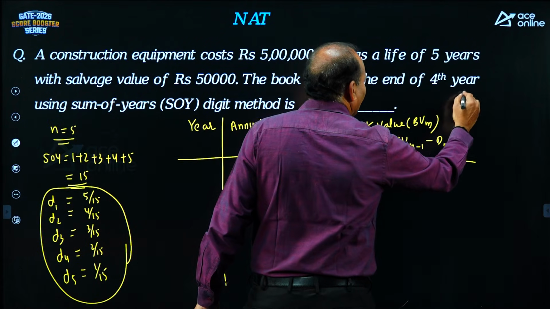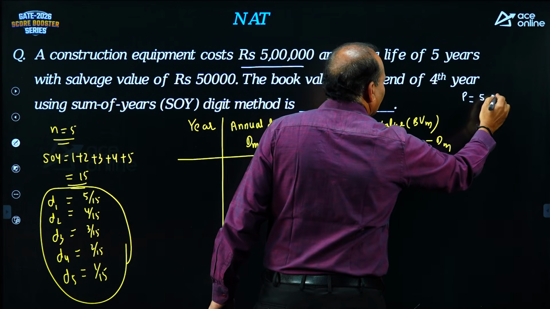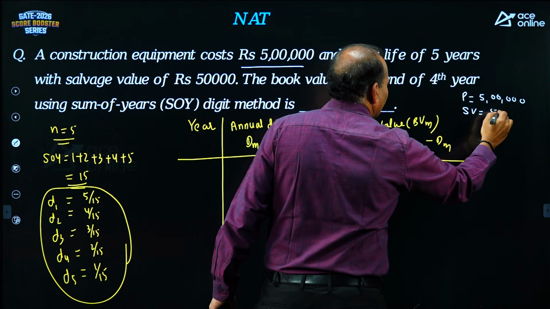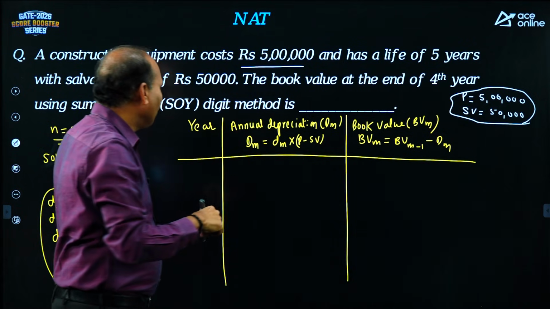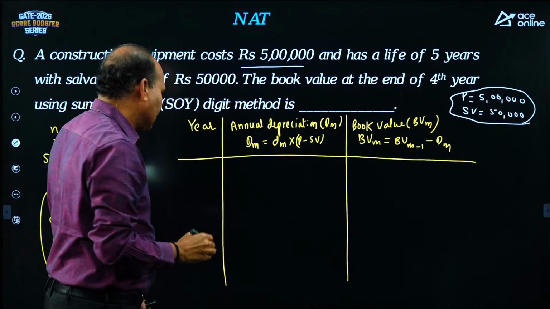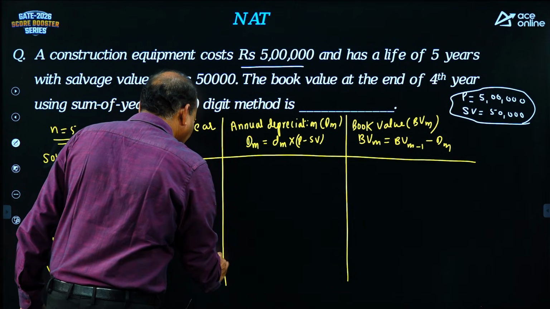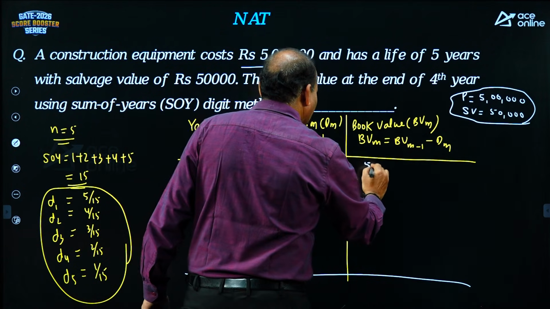P is equal to 5 lakhs. Salvage value 50,000. So 0, 1, 2, 3, 4, 5. 5 lakhs.